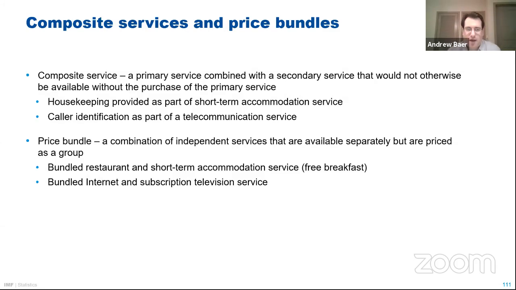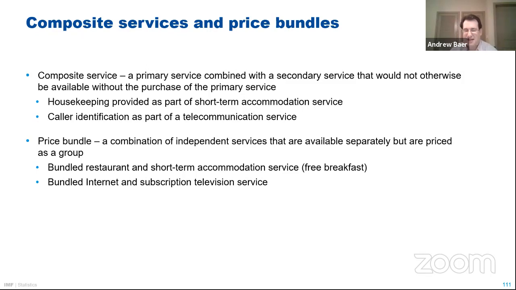All right, finally, composite services and price bundles. Let me define these two phrases. A composite service is a primary service combined with a secondary service that would not otherwise be available without the purchase of the primary service. So an example is a hotel that offers accommodation with housekeeping. You cannot just get the housekeeping without renting the room.